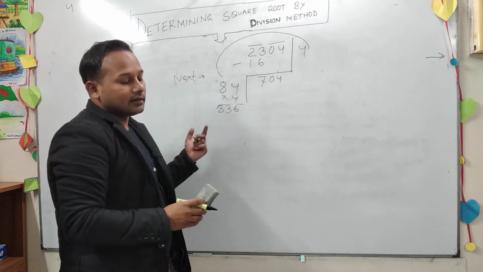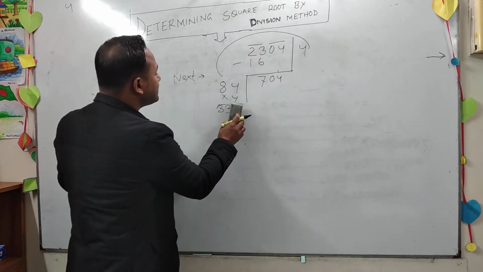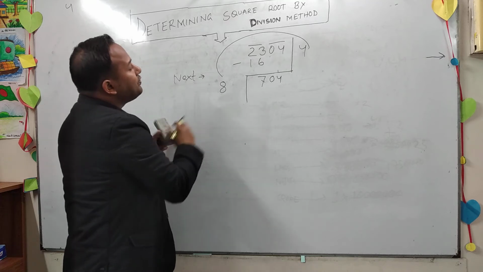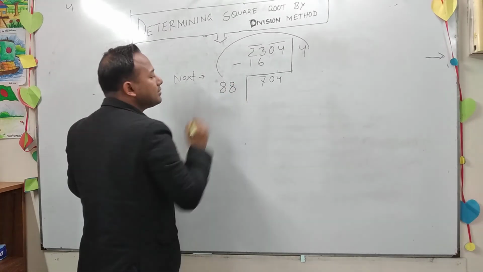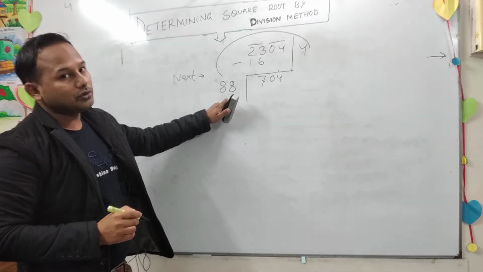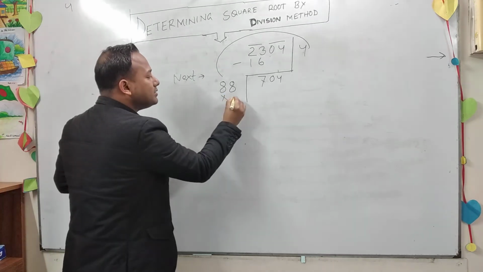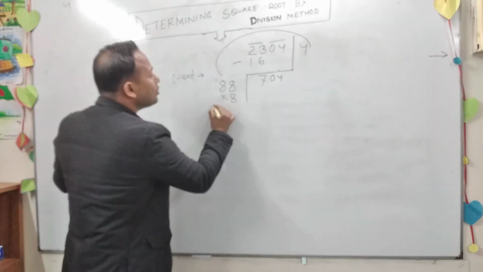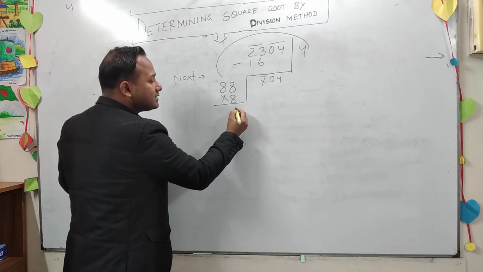If you keep taking like this and move to 8, you will have to multiply with 8. Let's see what happens. 8 8s are 64.